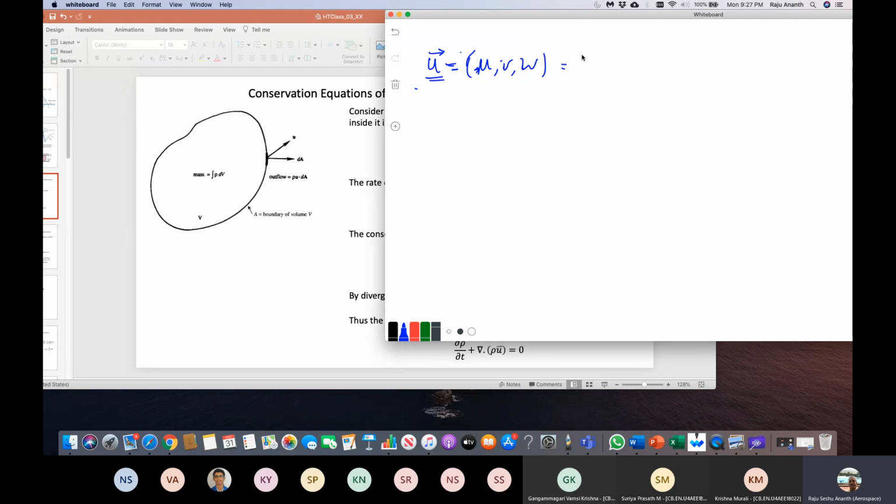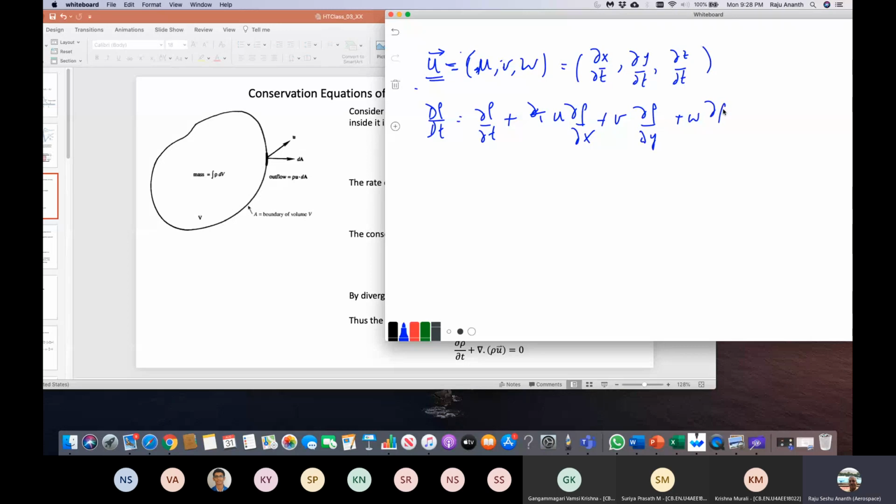Which is dx dt, dy dt, dz dt. Okay, because I'm observing a particle moving in space, what do I get? D rho Dt is d rho over dt plus u d rho over dx plus v d rho over dy plus w d rho over dz.